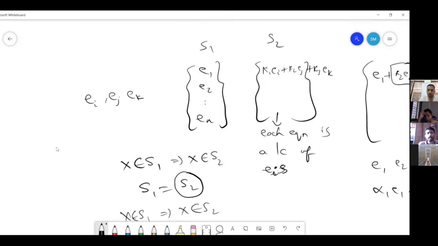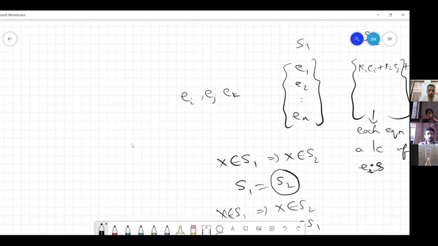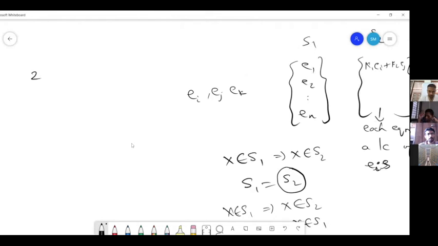Now we will take an equation. We will start with 2x plus 3y is equal to 4, 5x plus 8y is equal to 9. Okay, right. So now we will try to replace each by a linear combination of 1 and 2.